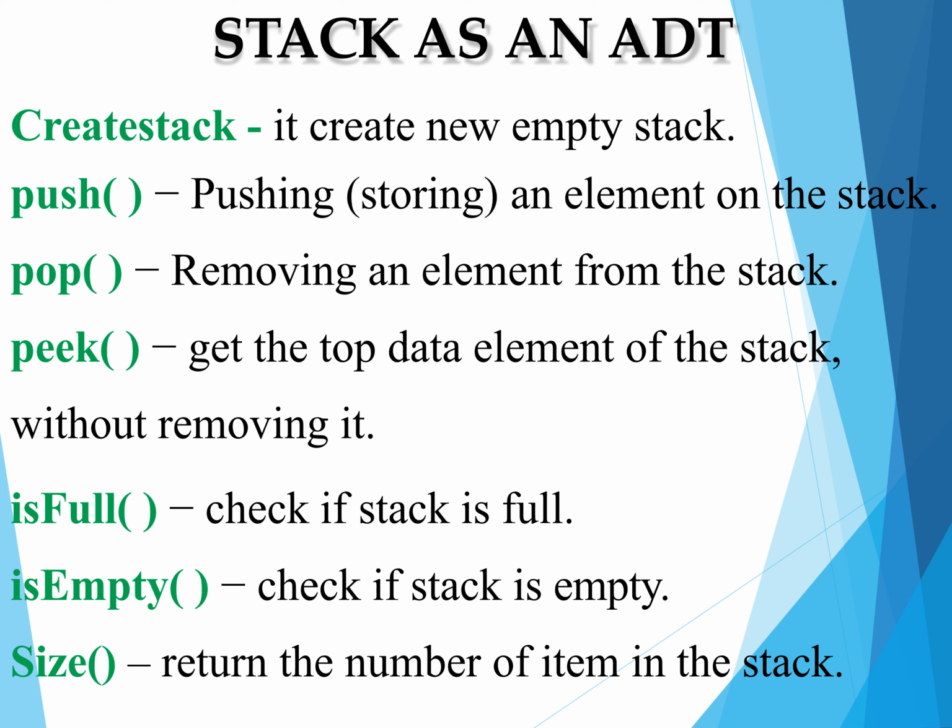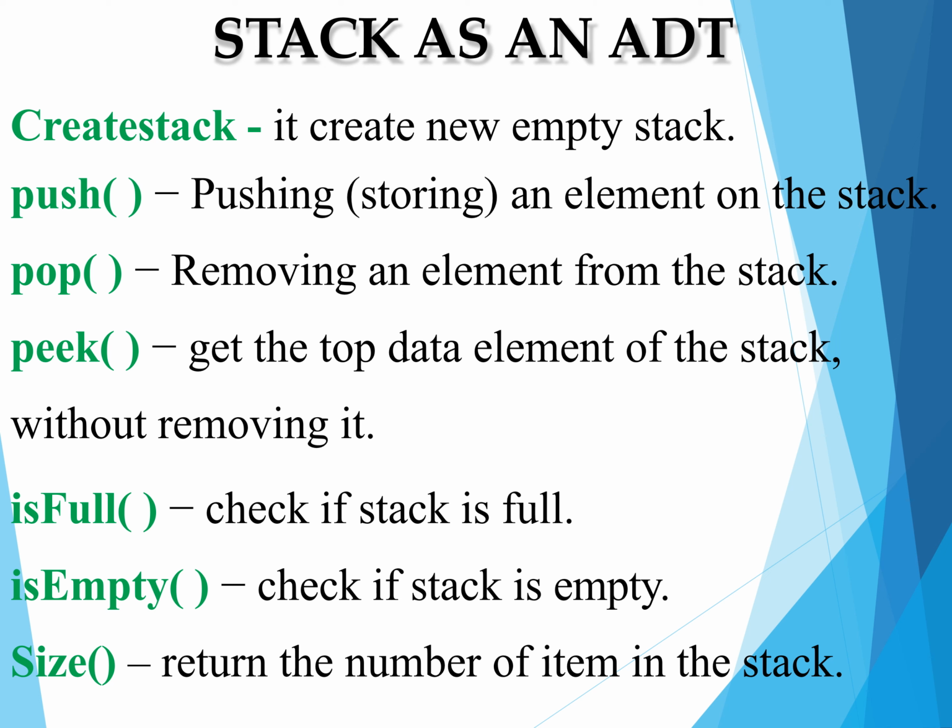So the first one is create stack. Create stack is a function we use to create a new empty stack. Push operation is basically used for storing an element on the stack by using the top. Pop operation just removes an element from the stack.